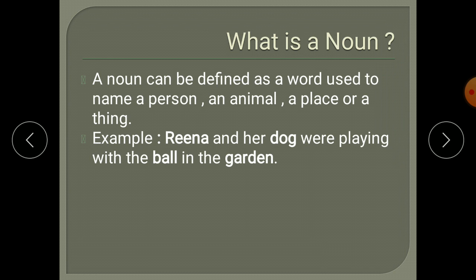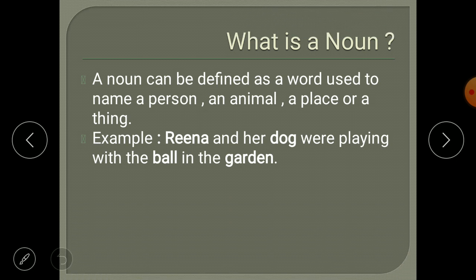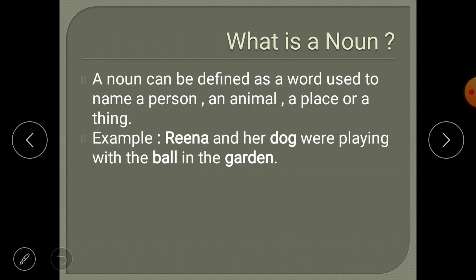Let's take this example. Reena and her dog were playing with the ball in the garden. So, children, in this example, the word Reena is the name of a person. So, this is a noun. Dog means an animal.